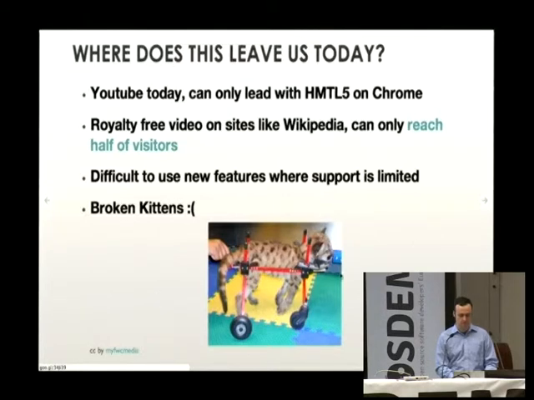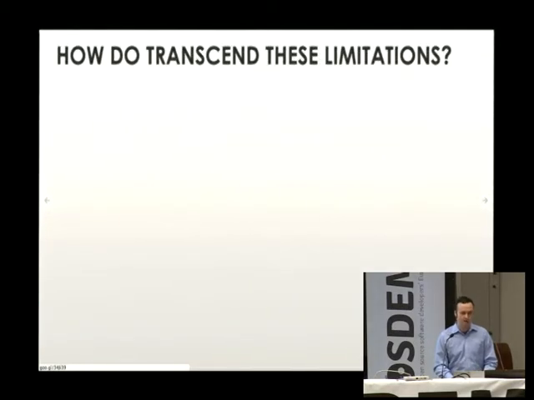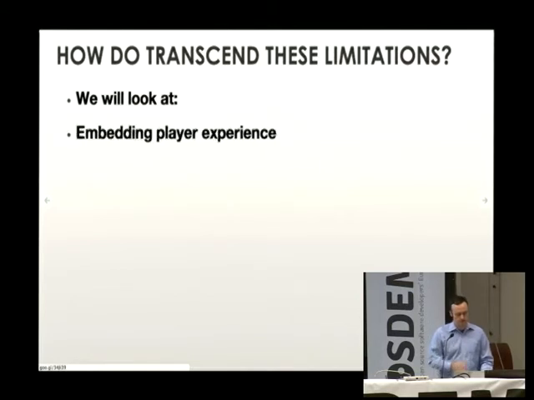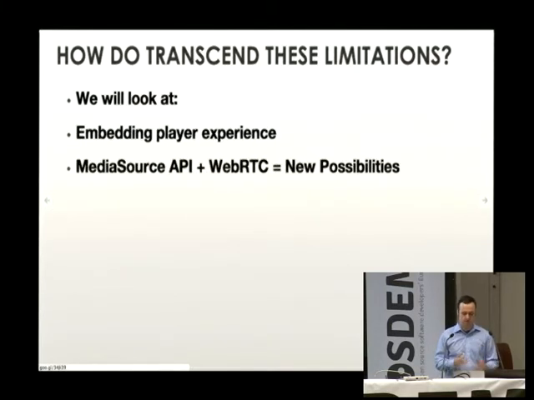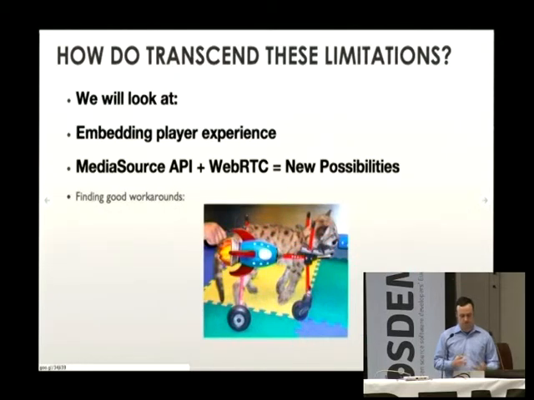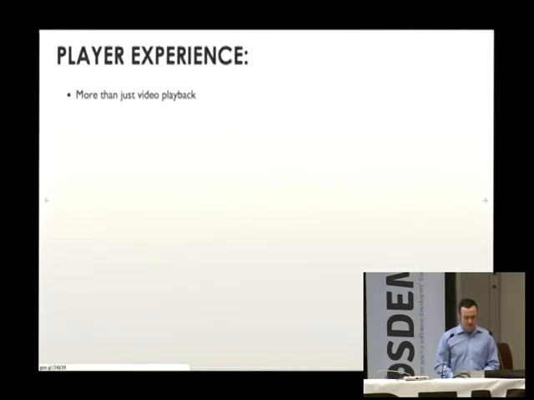We have a sort of broken situation, the cats on the internet are only halfway there. How do we transcend these limitations? We'll look a little bit at embedding a player experience, and then we'll look at what the Media API and WebRTC offer in terms of new possibilities, and try to put a little rocket pack on the cat there.